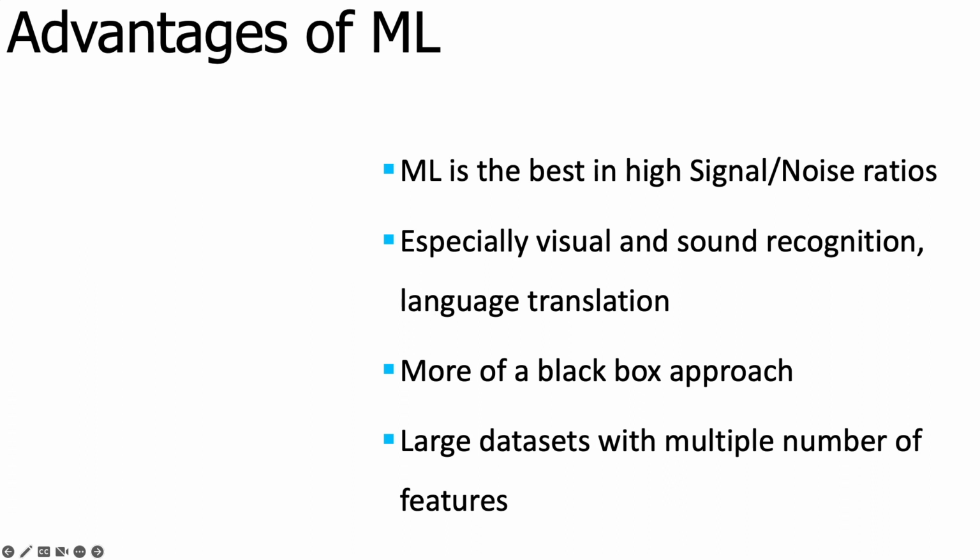First of all, when we have a large data set with a large number of features, those features are not necessarily that well understood. Modeling all of them might be very complicated, time-consuming, and not necessarily justified. A machine learning model can handle that for us and find a solution.